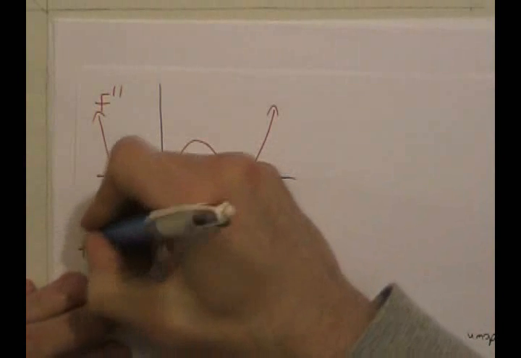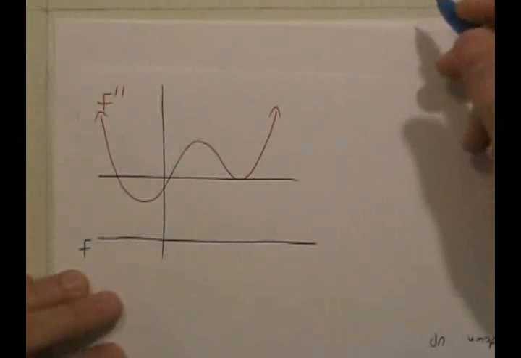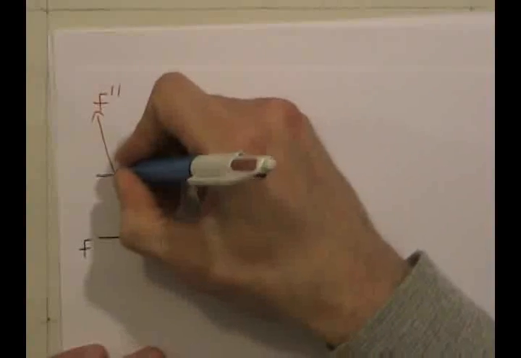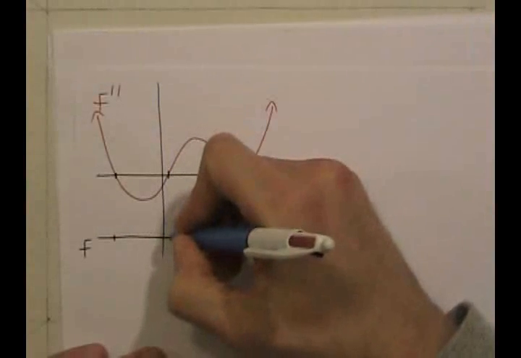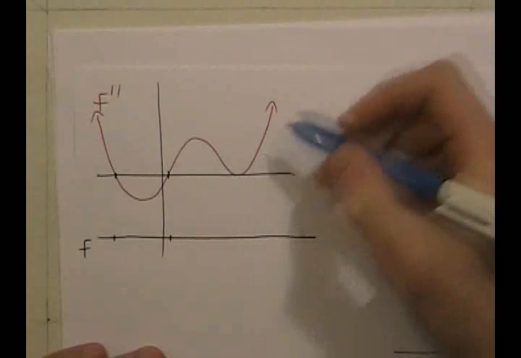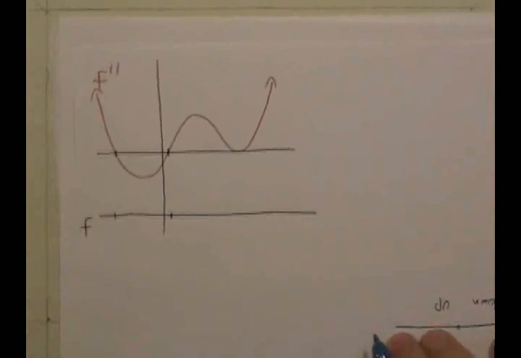So I'll make another chart for f here. The question is, where does f prime prime switch sign? Here it switches sign, so I mark that down. Here it switches sign, so I mark that down. And that's it. Even though it's 0 here, there's no sign change, so that doesn't change the concavity.